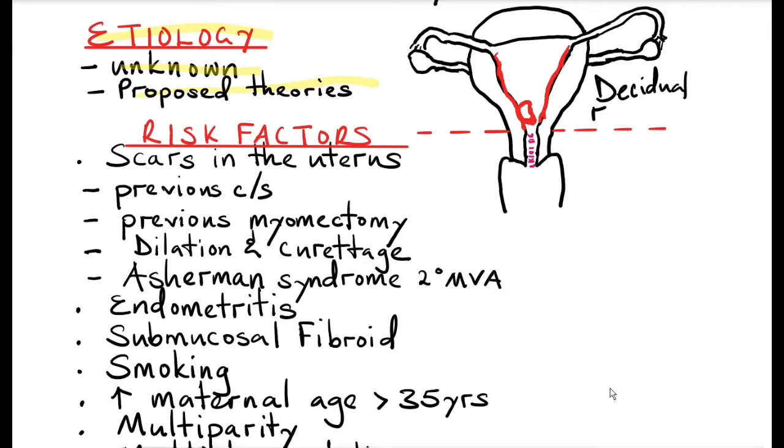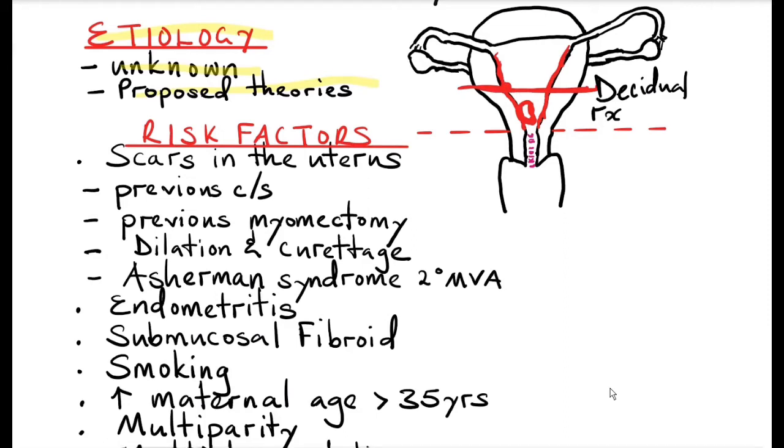So what happens is that when there's a poor decidual reaction, the fertilized egg goes to look for an area where there's good endometrium to attach itself there. This occurs in cases like where there's a previous cesarean section or a previous scar in the uterus. So suppose that this patient had a previous cesarean section. The knife went through here, they cut through here.